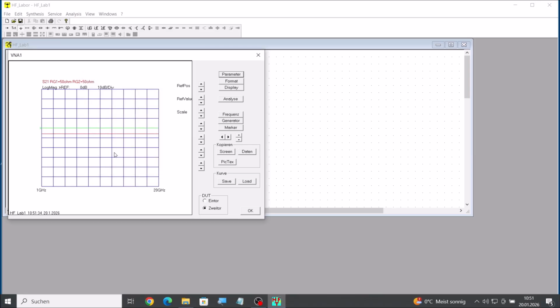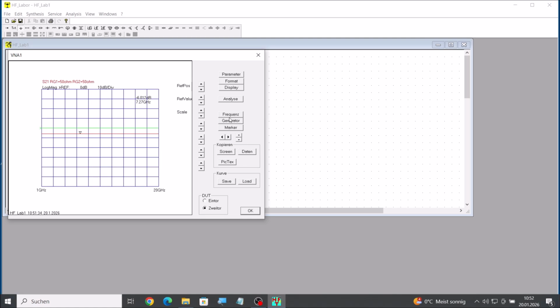You see now this is the transmission factor S21. With the help of the marker function, we can read out that this has a value of minus 6 dB, as we proposed in the preceding exercise. And since we did not include any parasitics of the resistors, we will have essentially no frequency dependence.